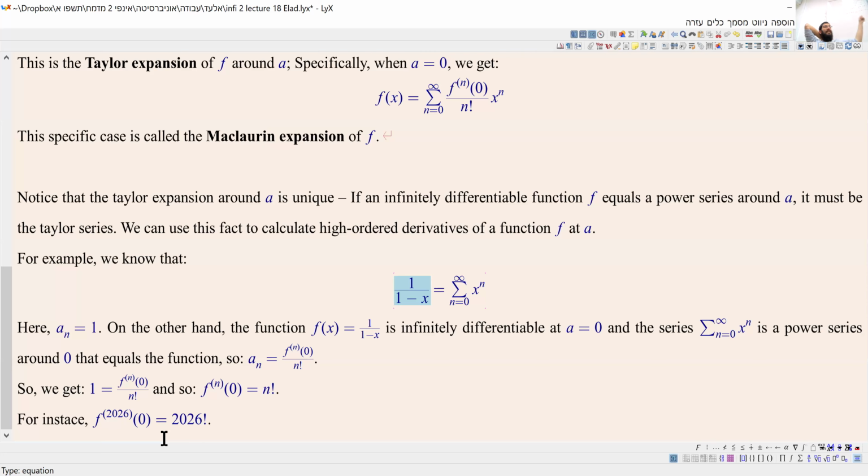We know that the function equals the power series, and we use it to calculate something about the function, not about the power series. It's not the main reason. It's not the main answer to the question, why is it good that the function equals the power series, but it is an answer, and it's the right place to show it, so why not?